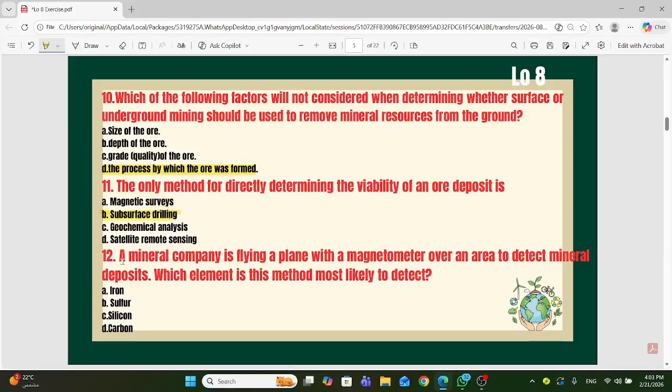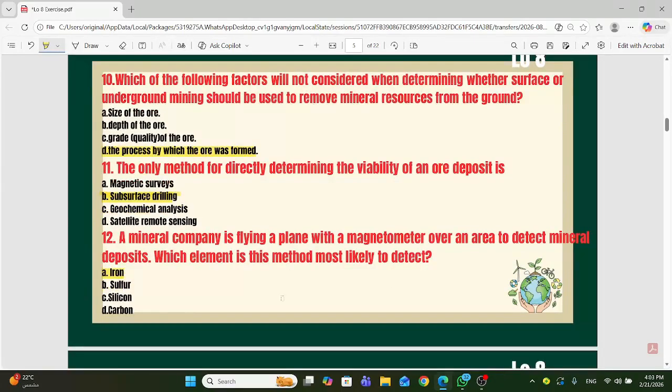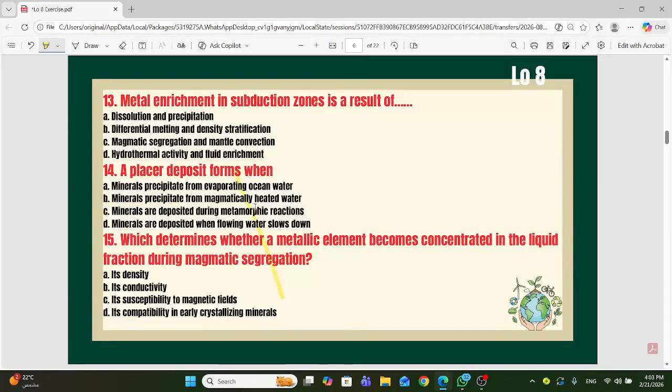طيب a mineral company is flying a plane with a magnetometer over an area to detect mineral deposit. Which element is this method most likely to detect؟ يا ترى أي mineral؟ الأيرون أكيد لأن احنا magnetometer. الميتال.